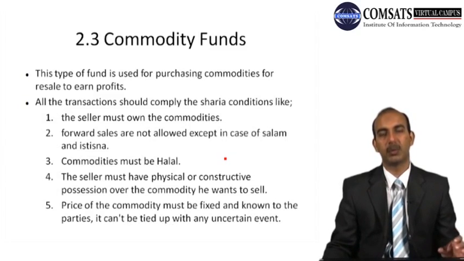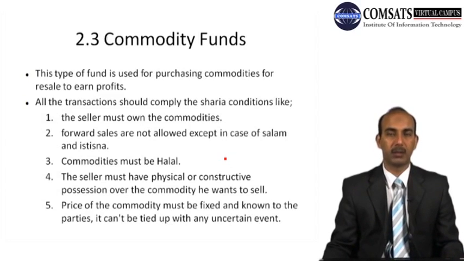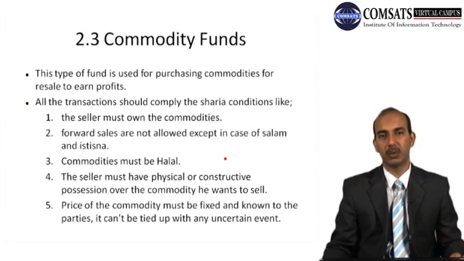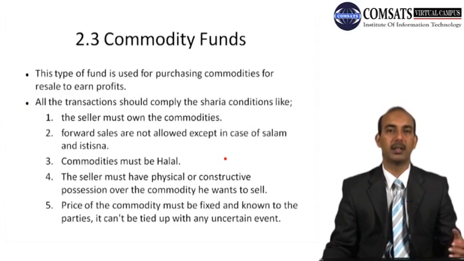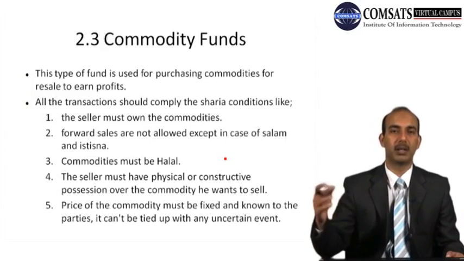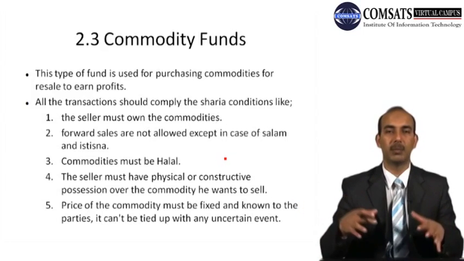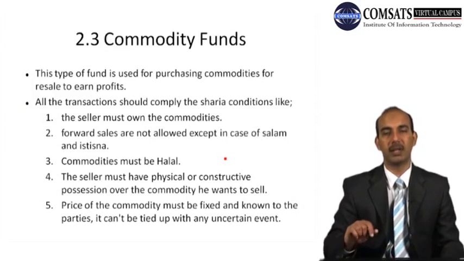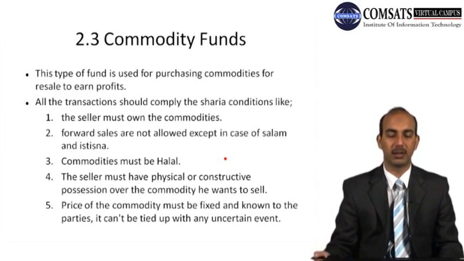Constructive possession would mean that the person has the right or the facility to use the asset, and it is with him or her, maybe not physically but constructively. For example, if a car is parked in the parking, it is not in my possession physically, but if I have the key for that car, then the physical possession is not here, but the constructive possession is with me, I can use it constructively.